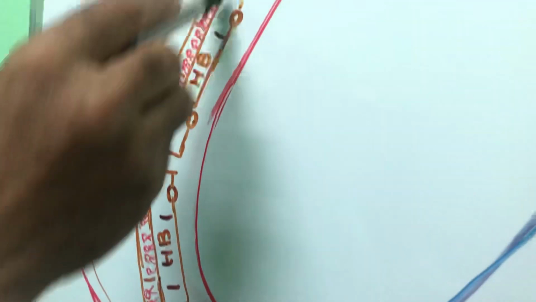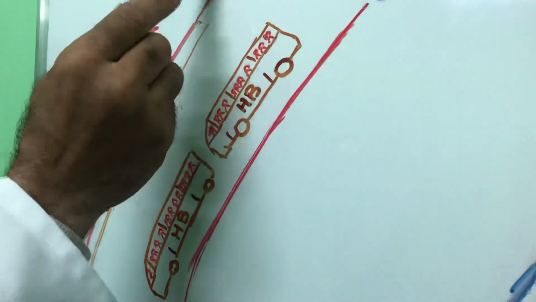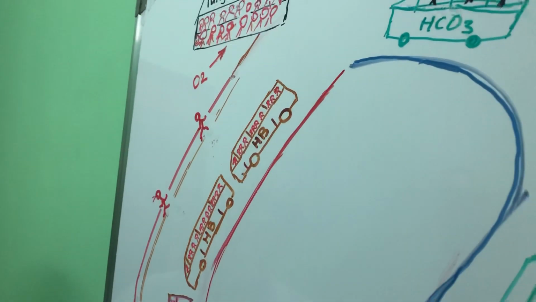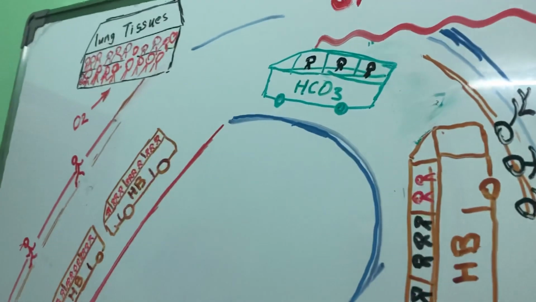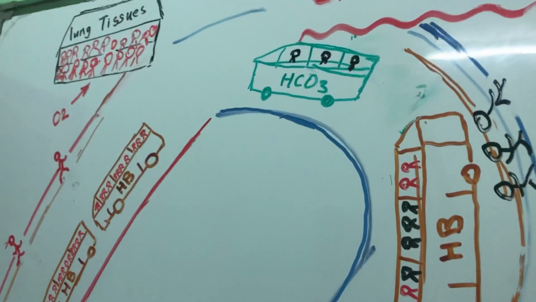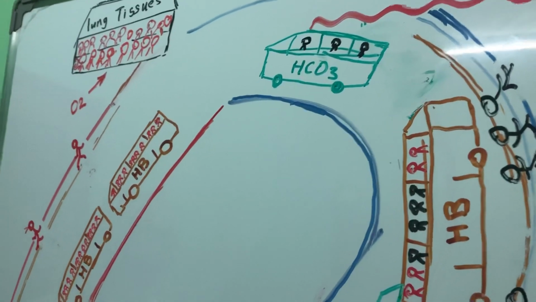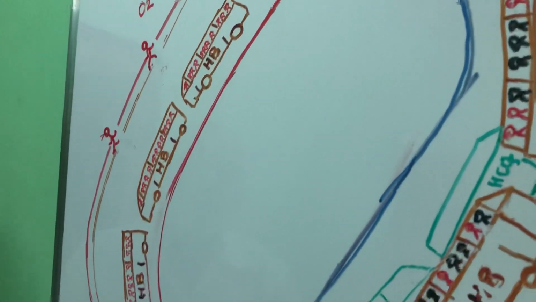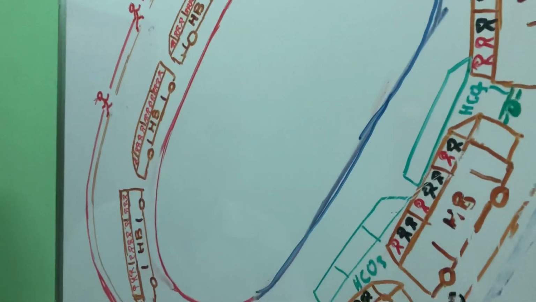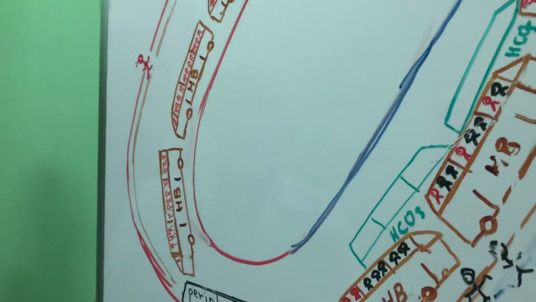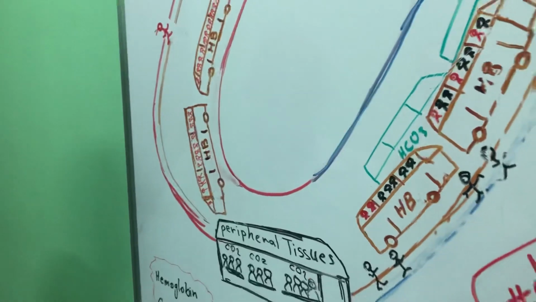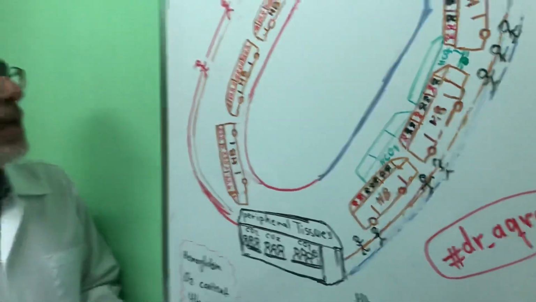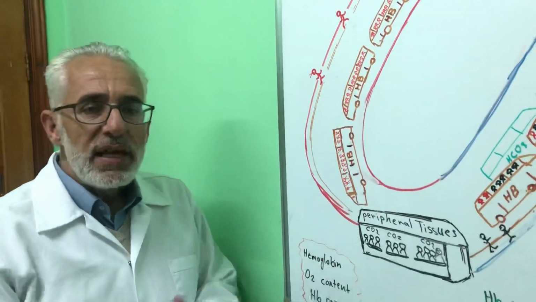You see these buses full of hemoglobin passengers who were waiting here in the lung, I mean in the alveoli, before exchanging with the capillary blood, then transporting toward the left atrium and left ventricle as oxygenated blood, and then toward the peripheral tissue.